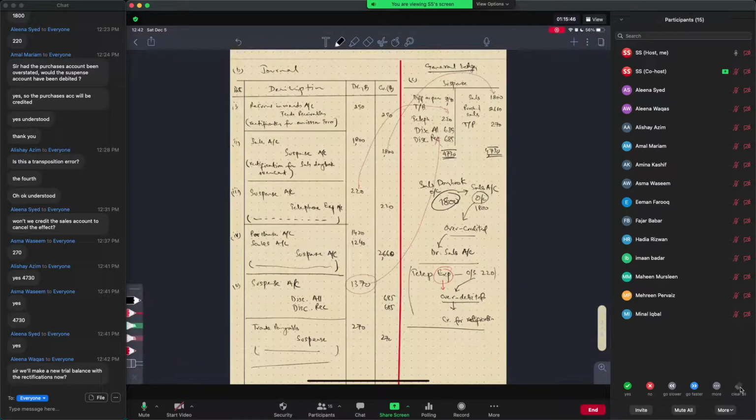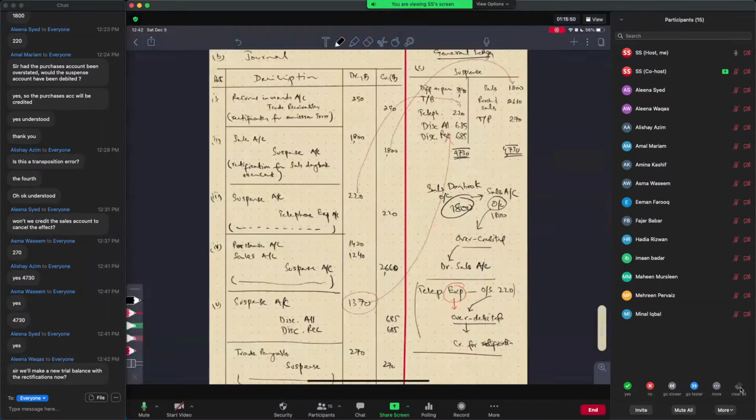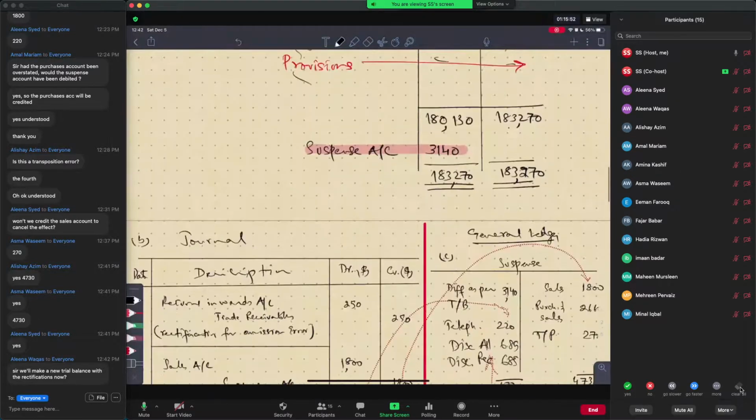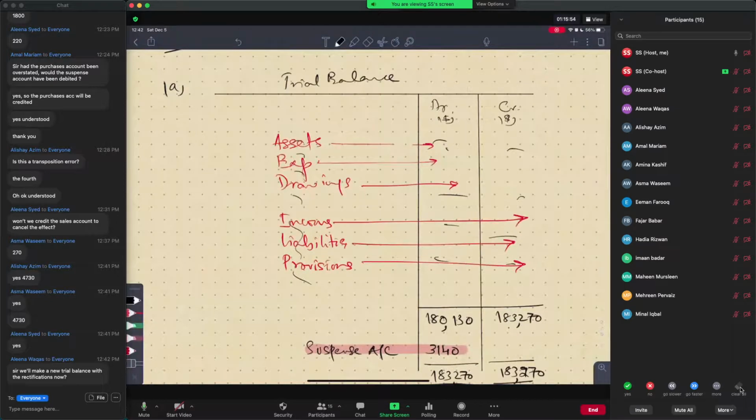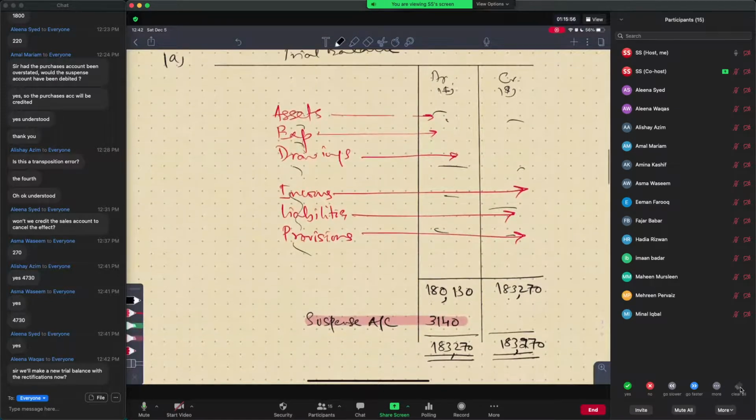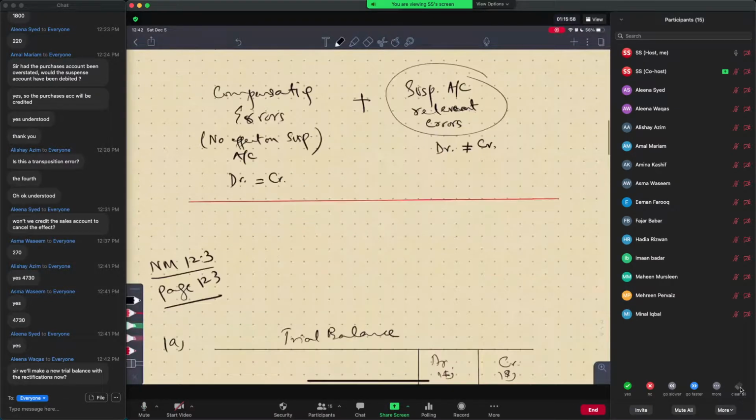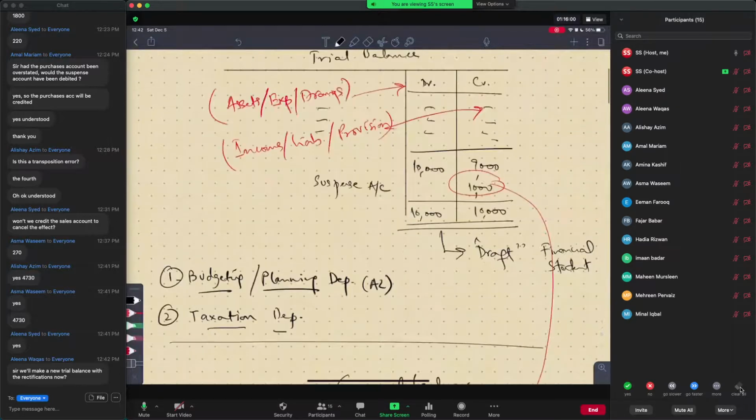So Alina Vakas has asked a question. Are we going to make a new trial balance with the rectifications now? Yes, everything that was polluted because of this suspense account earlier on is now going to be fixed. Remember this part here? Once we are done with the rectification elimination, all the draft financial statements that we prepared earlier on, including the trial balance, are going to be fixed and then resubmitted to these authorities later on.